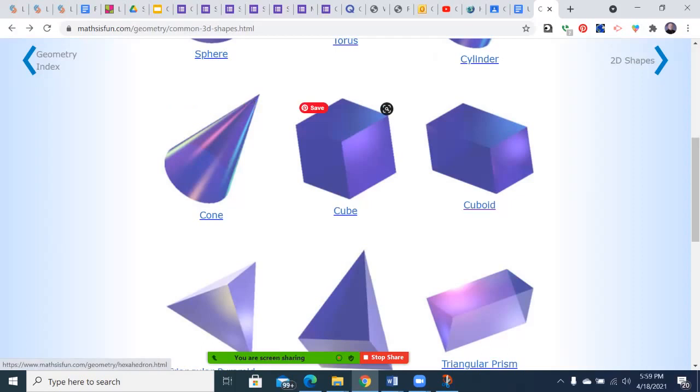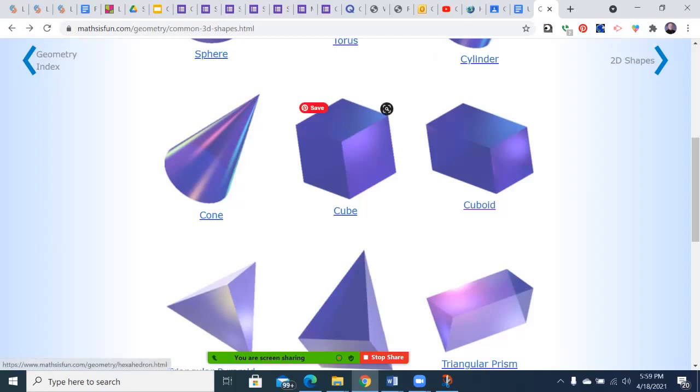A cube, if you picture a dice or a die, all the sides, well, assuming you get the right one, all the sides are squares. So there are 6 squares. And remember, we call these sides here edges with vertices. So we have 8 vertices.